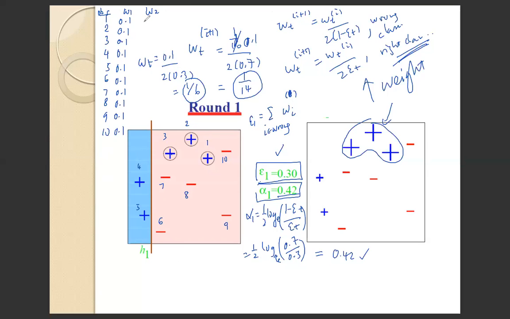Right, so these, okay, so 1, 2, 3, right? These are the ones that were misclassified. So they will now receive a higher weight, which is 1/6. Sorry, wait, let me see.